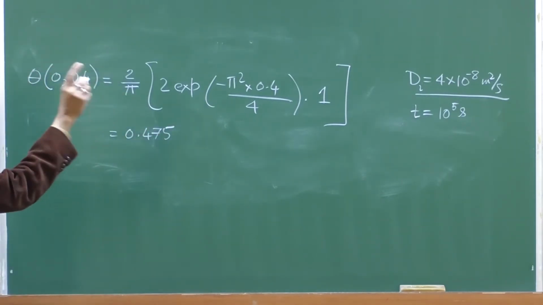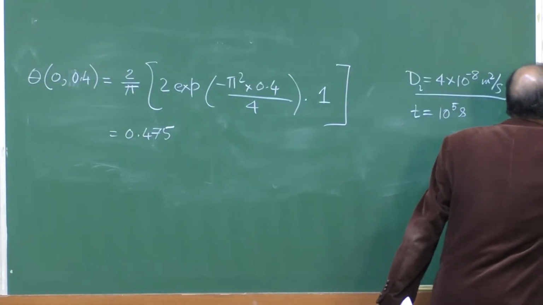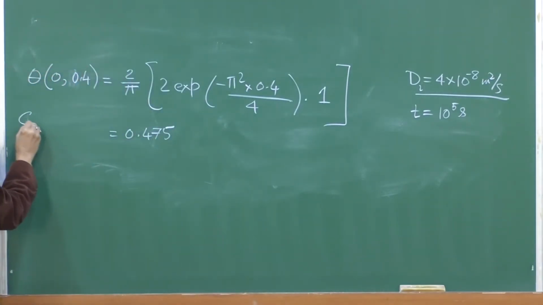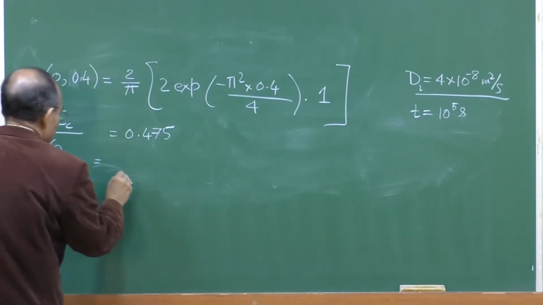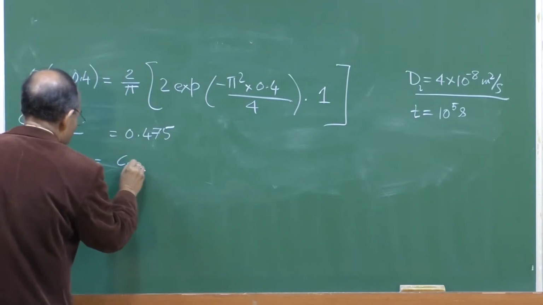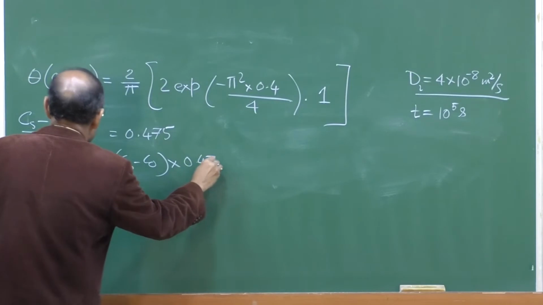So, we can go back to the definition of theta. Cs minus Cc, where Cc represents the center point concentration, divided by Cs minus C0, is 0.475, and therefore Cc is equal to Cs minus (Cs minus C0) multiplied by 0.475.